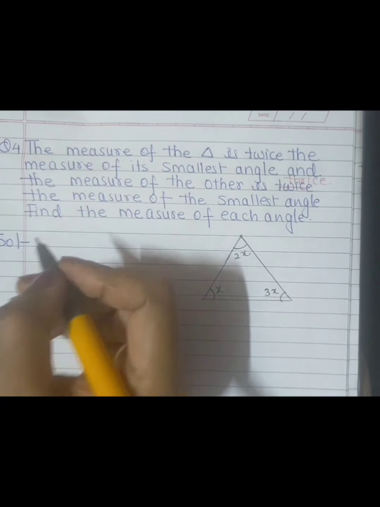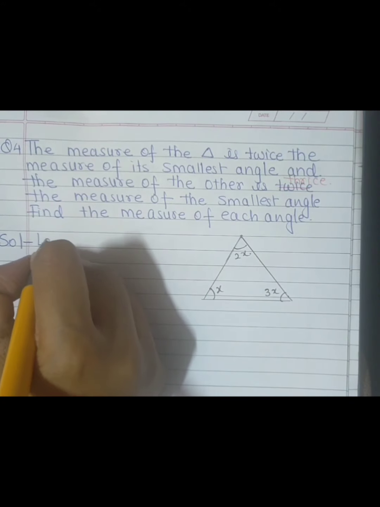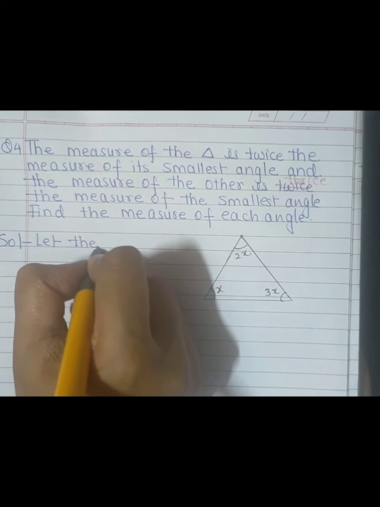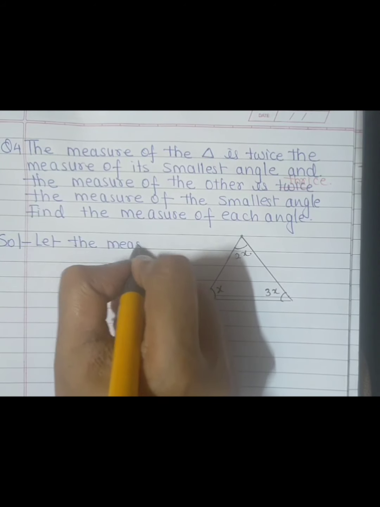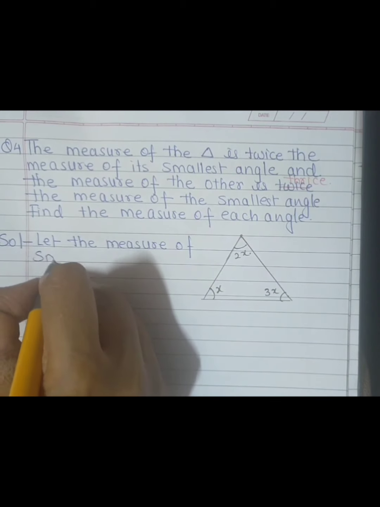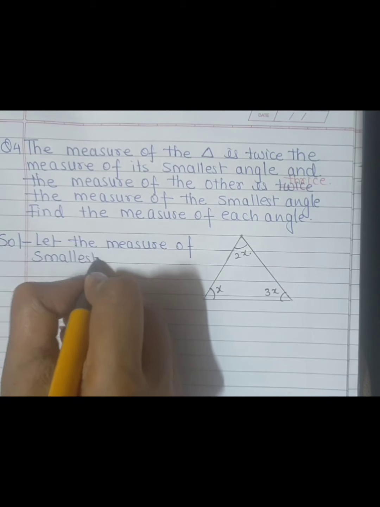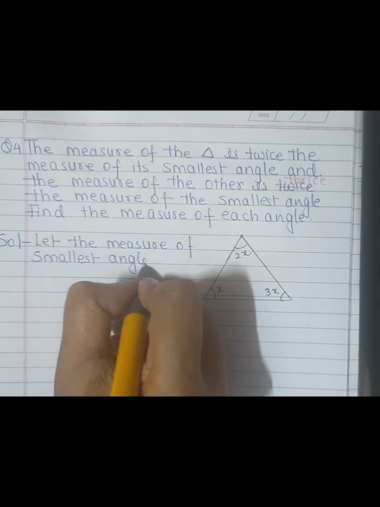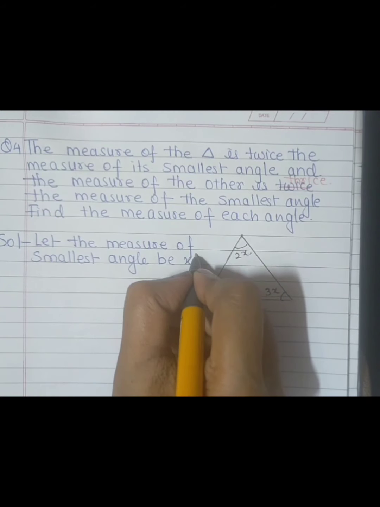First we will write what is the given condition. Let the measure of the smallest angle be x.